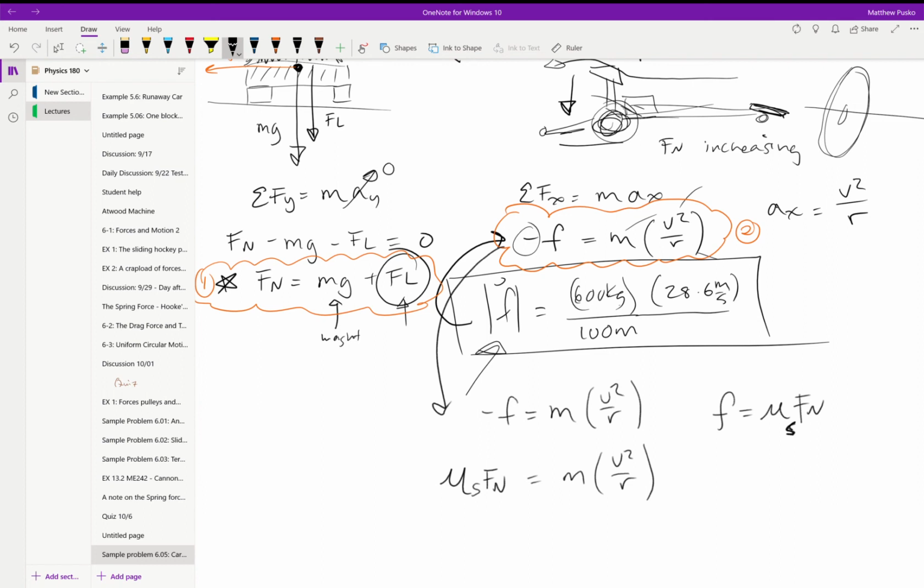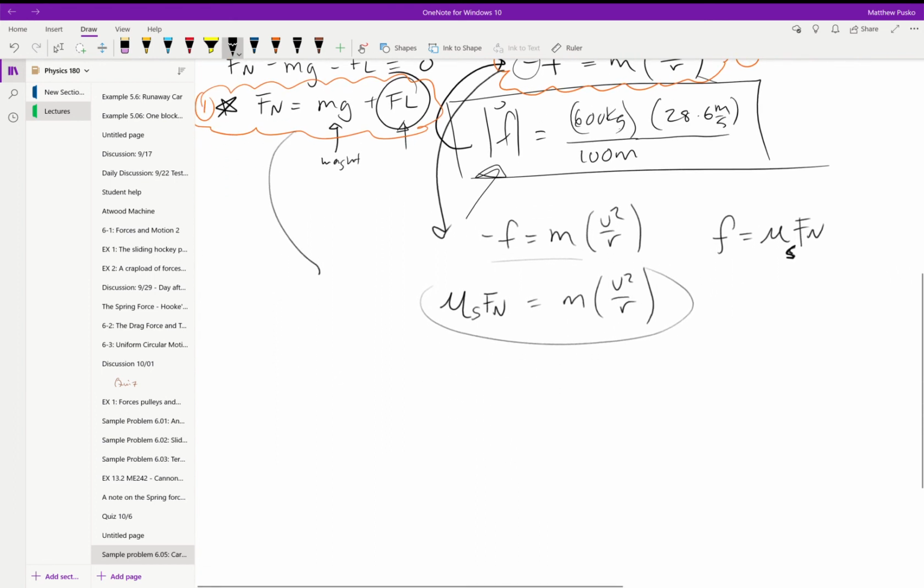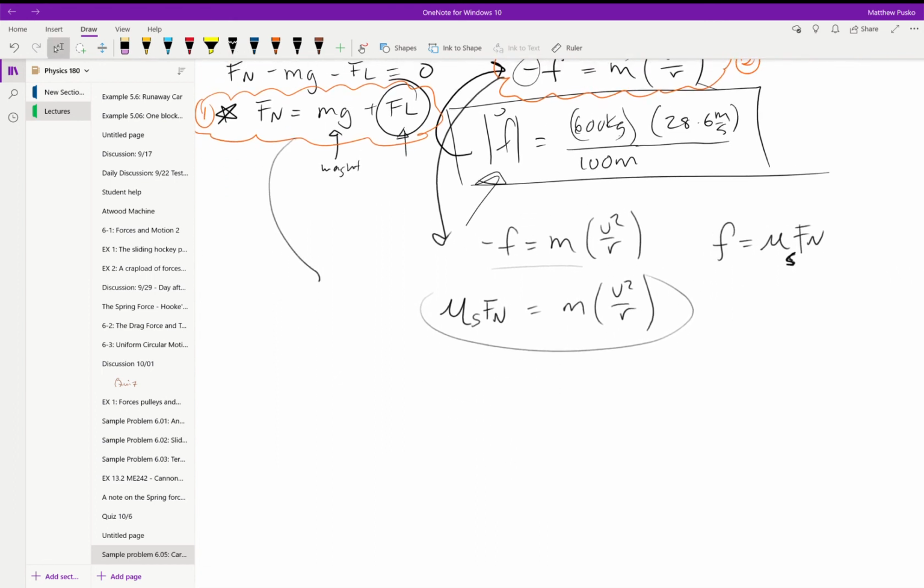And when we look in the y direction, we'll take this equation and say we want to solve these two equations for the force of lift.